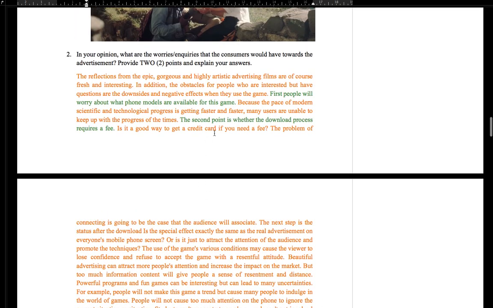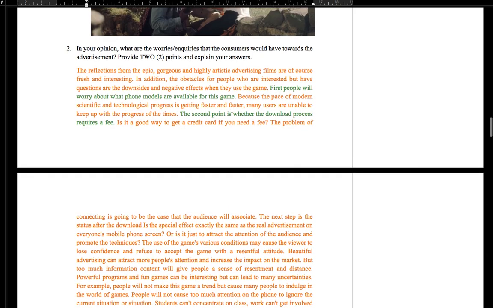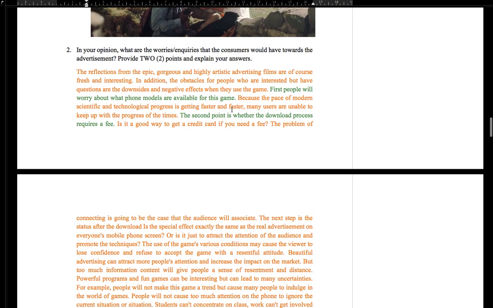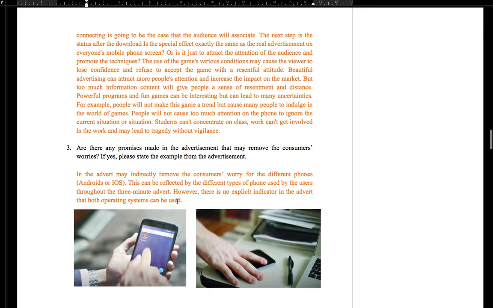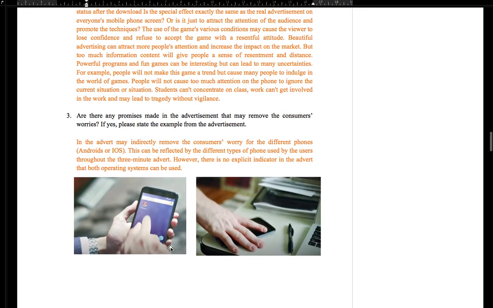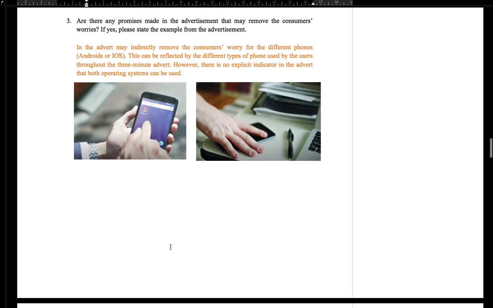The first question that I asked is regarding the phone models. Is it compatible with any kind of phone? How does it work? And the second one is the downloading process. Does it require fees or not? From the advert, for the first question regarding the type of smartphones, it might be shown implicitly, not directly, because in the advert itself there are some scenes that show different types of phones.